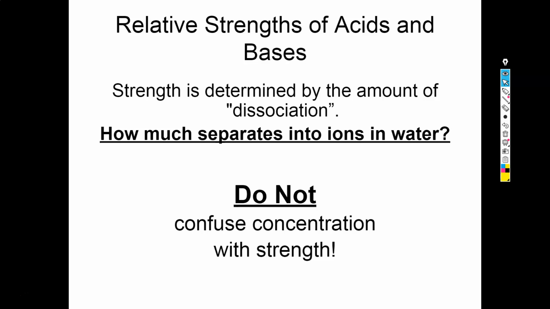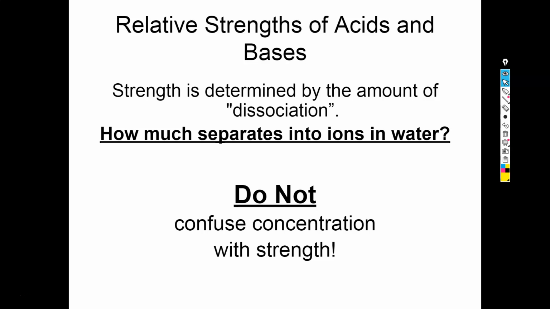However, when we talk about the strength of an acid, we are saying something completely different. We are asking how much does it separate into ions? In other words, how much does it dissociate? So these are two different things.